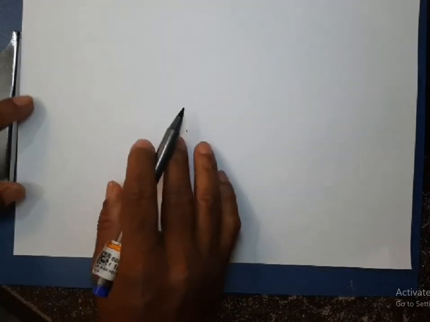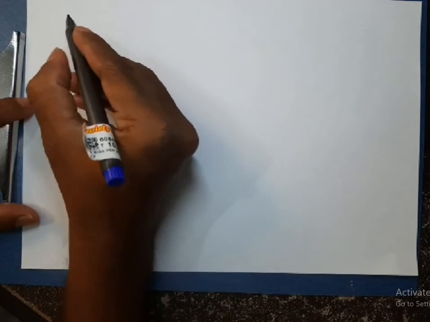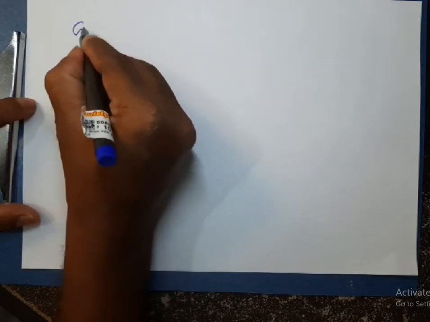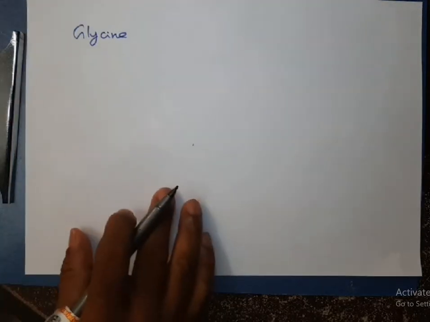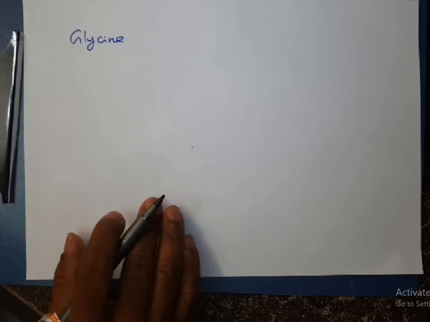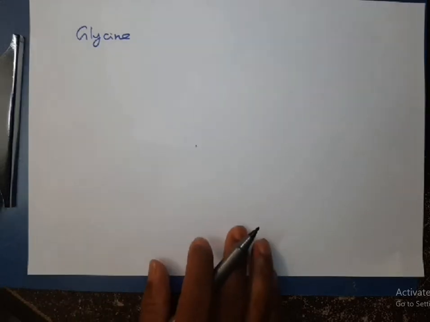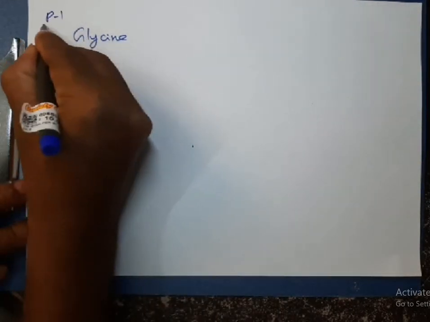I'll take an amino acid, say glycine, the simplest amino acid. Students, observe this carefully. Glycine is a neutral amino acid. In the question itself they'll give it clearly, but for problem solving purposes, I'll take this.